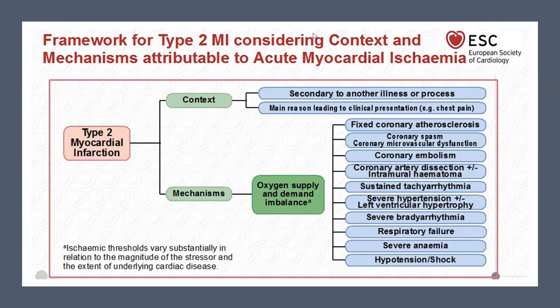We need to note how to differentiate between acute myocardial ischemia and severe hypertension, sustained tachyarrhythmias, severe bradyarrhythmias, and like we mentioned, anemia, hypotension, and respiratory failure. So I think type 1 and type 2 myocardial infarction are the most important that we need to be aware of.